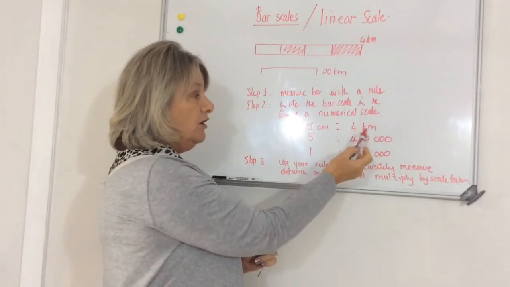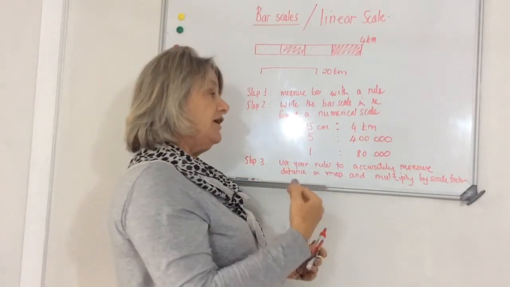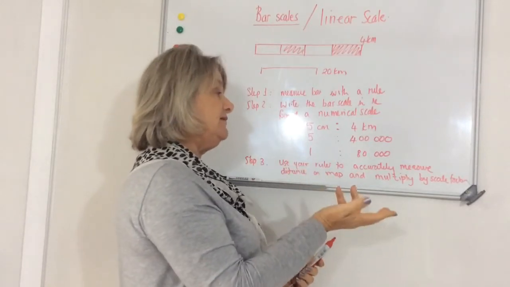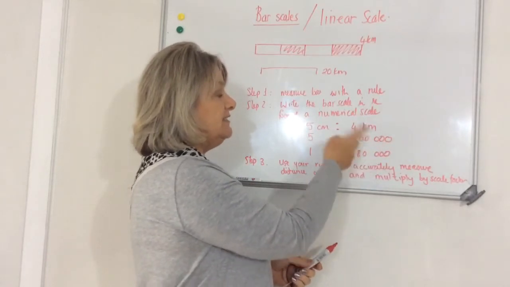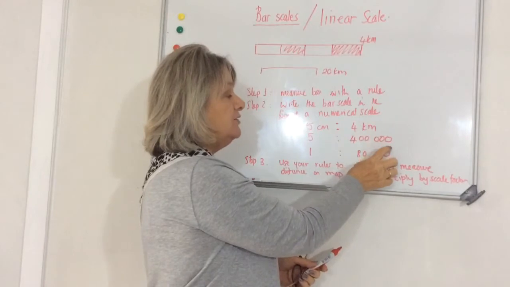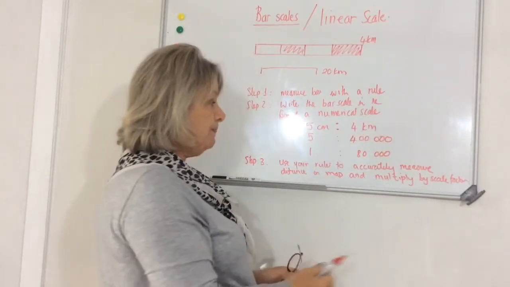So you take your larger unit to the smaller unit. Remember, there are 100 centimeters in a meter and 1,000 meters in a kilometer. So you multiply by 100,000 when converting kilometers to centimeters.